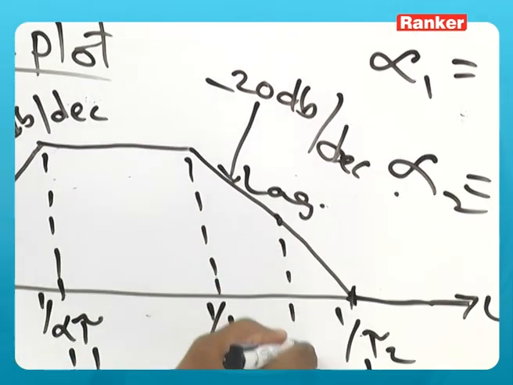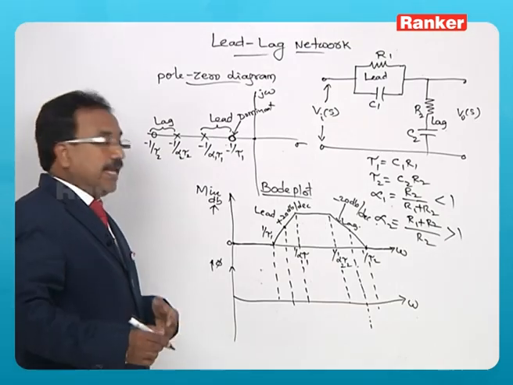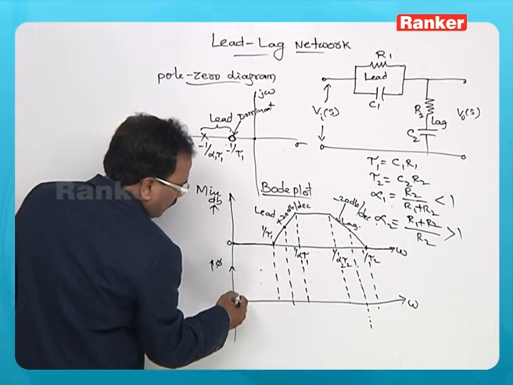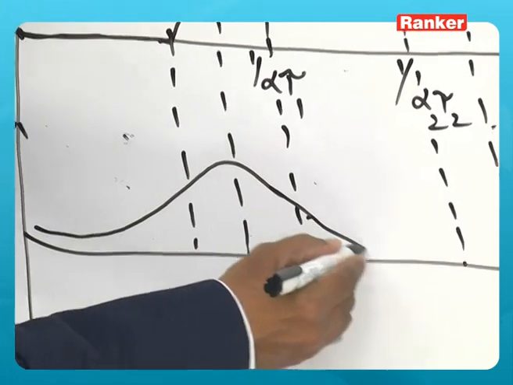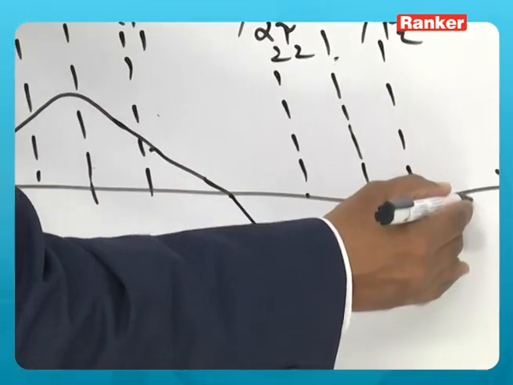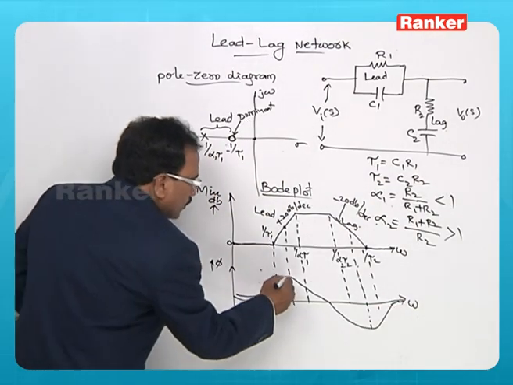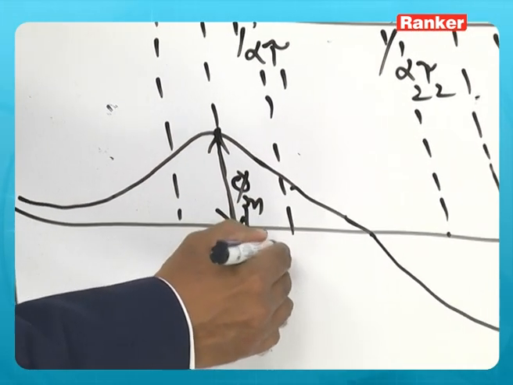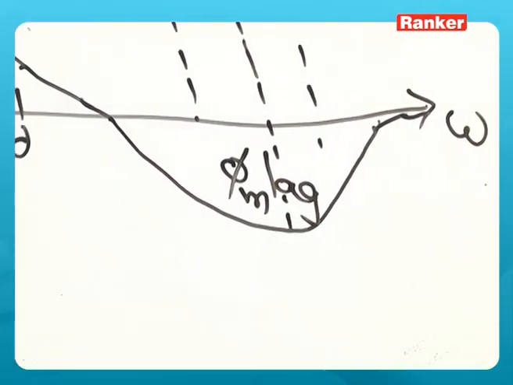The midpoints you can also project, because that is where the angle is maximum, lag or lead. So you can see that in this lead part of the network the phase angle is maximum, and here you have maximum lag. So this is the maximum phase angle lead you have, and here the phase angle lag.